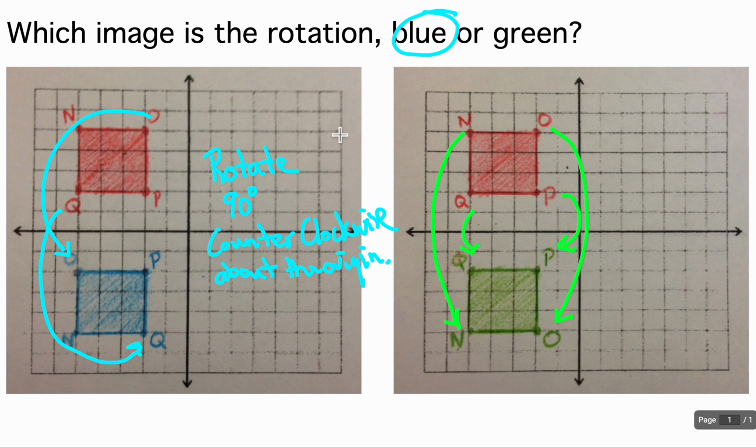So this answer has four main key things. The first thing is what it is, the name of it. So it's a rotation. The second for rotations is you need the degrees. Is it 180 degrees? Is it 90 degrees?